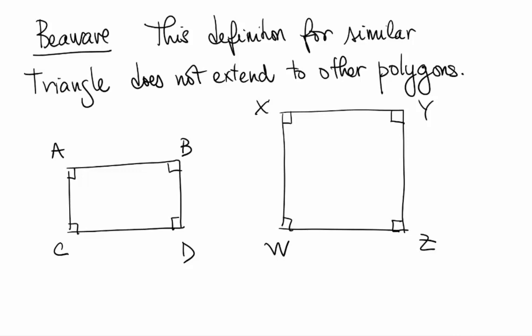The four angles of one are clearly equal to the four angles of the other. They all have angles of 90 degrees. However, it is clear that a rectangle is not similar to a square, right? So this concept of similarity does not extend from triangles to other polygons.